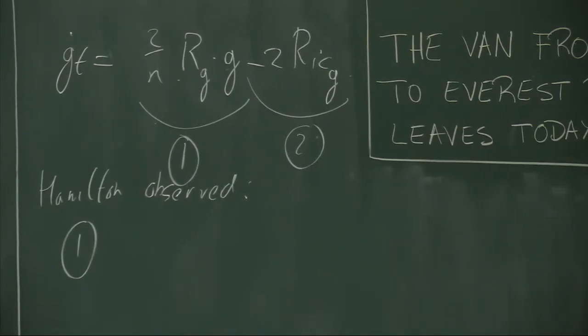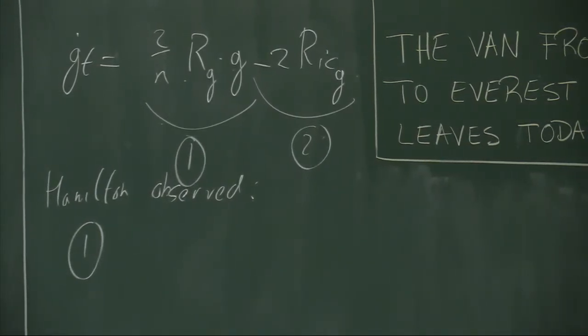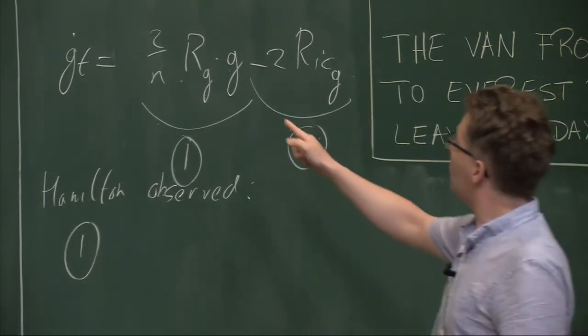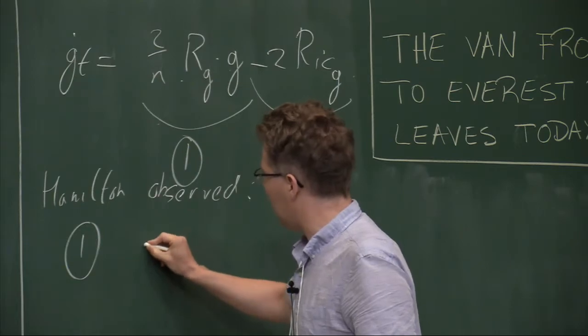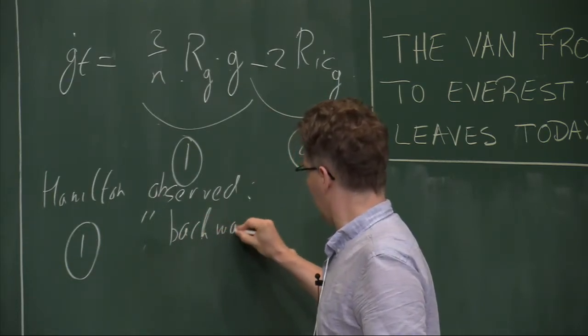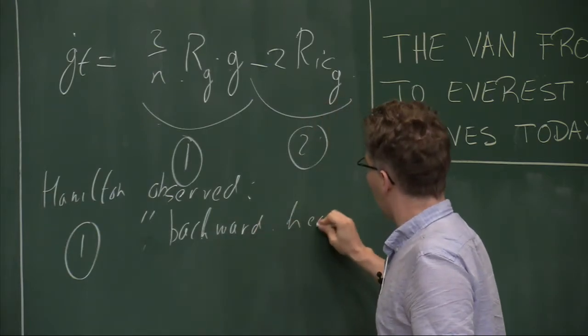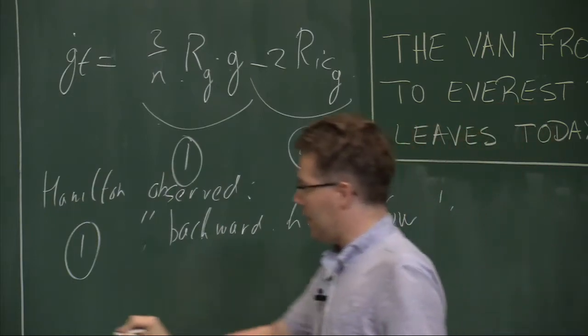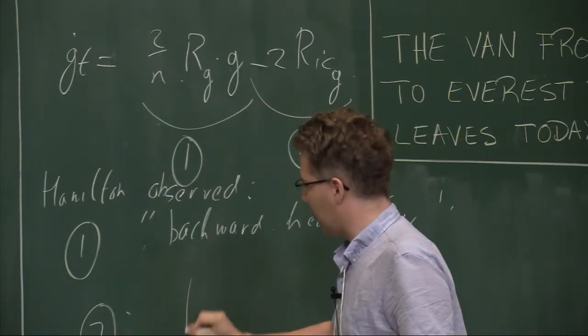So, okay, this is a PDE, and does not look very pleasant. So what can you do with it? Well, you can linearize. If you linearize this, then you will see that 1 behaves roughly like a backward heat flow, well, actually with an additional problem, but I will not go into that. And 2 is like a forward heat flow.